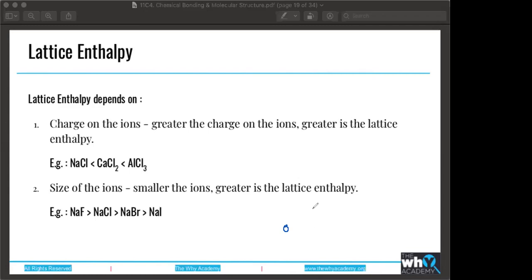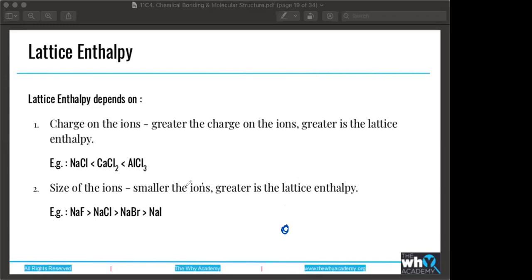Sid was asking, in the case of anions, if the ions are smaller, then the attraction of the nucleus is more, so the ion can form easily. But in the case of cations, Sid, what you're talking about is the formation of the cations and anions itself.